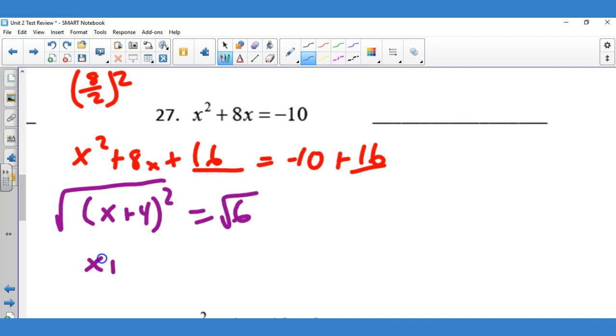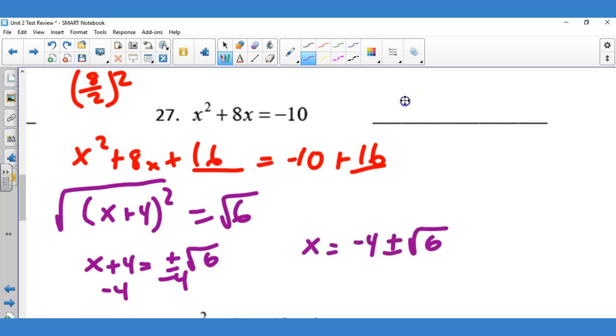You get x plus 4 equals plus or minus the square root of 6. And then we're going to subtract 4 on both sides. So we end up with x equal to negative 4 plus or minus the square root of 6. And the reason we're going to leave it like that is because there's no perfect square that is a factor of 6. So that 6 is going to stay underneath the radical.